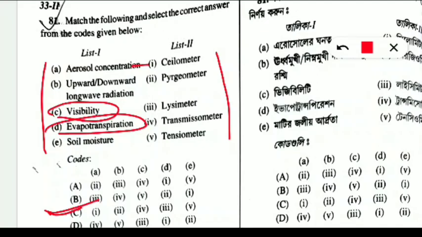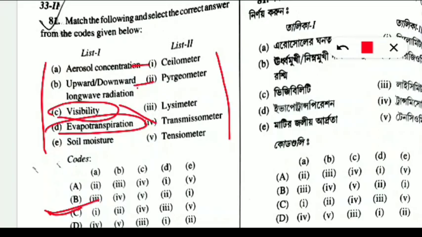For that we use the pyrgeometer, for infrared detection. So option number C will be correct. Upward downward long wave radiation will be pyrgeometer. Next is visibility. For visibility we use the transmissometer. So C will match with 4, transmissometer.